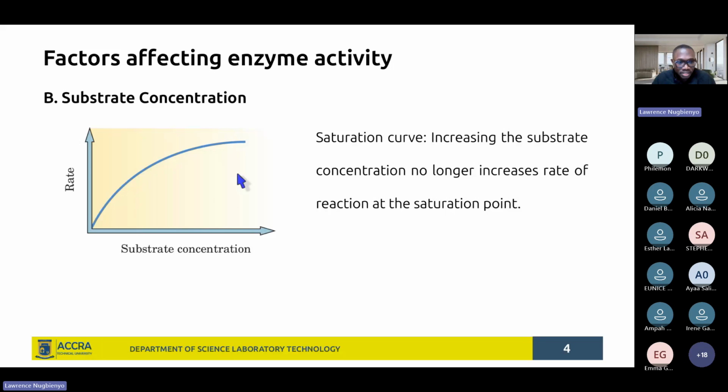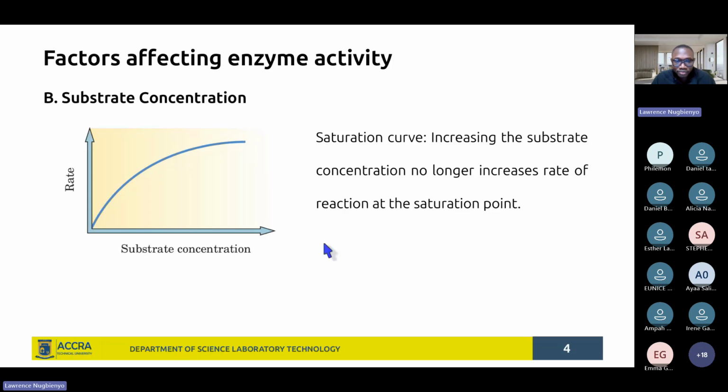And what we see is that there is increase in rate of reaction with increasing substrate concentration up to a point, and then you see there is a plateau of the curve to the point where you are seeing that the rate of the reaction is constant, it's no longer changing.